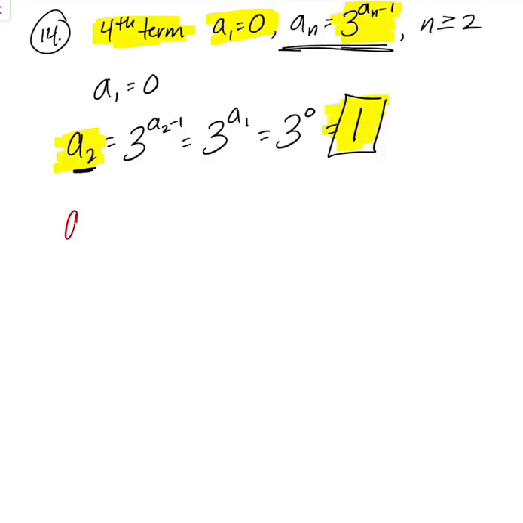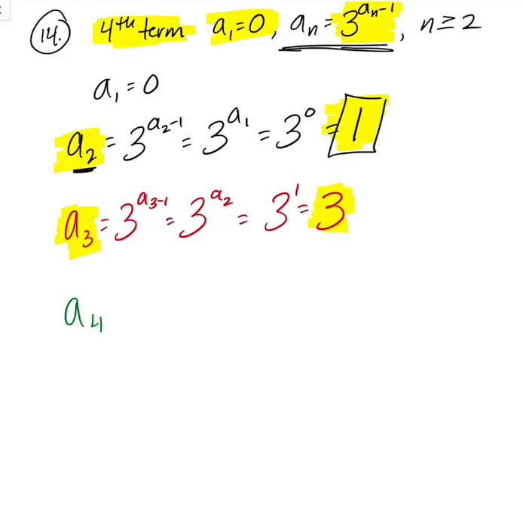So to find my third term, I use the same equation, 3 to the power of a sub 3 minus 1, which is 3 to the power of a sub 2, and that's 1, so that's 3 to the power of 1, which is 3. Now I have the value of my third term, which will aid me in finding my fourth term.